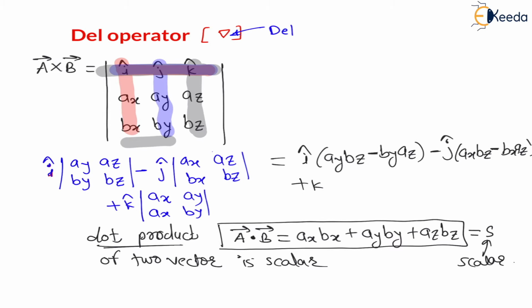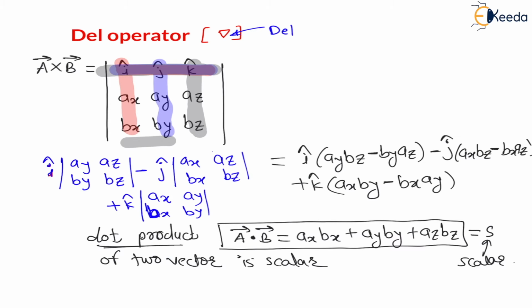Then plus k cap, ax by minus bx ay. Sorry, for k cap there will be a bx here, so this becomes ax by minus bx ay. Likewise, we have to find the cross product.